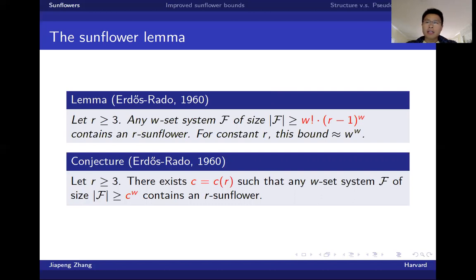Again, think about R as a constant, then in the sunflower conjecture, this bound is constant to the W. However, in the sunflower lemma, this is W to the W for constant R. So this is the main gap. On one hand, we can prove W to the W. On the other hand, Erdős and Rado conjectured the optimal bound should be constant to the W.